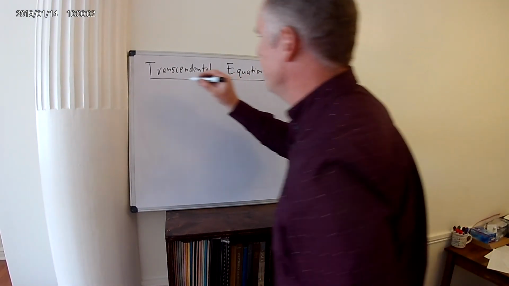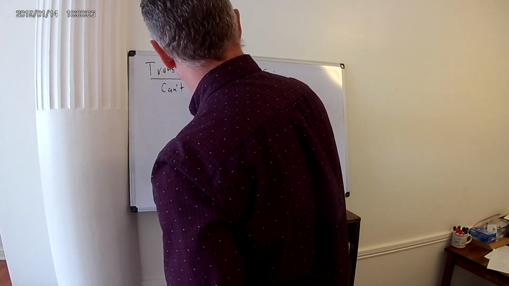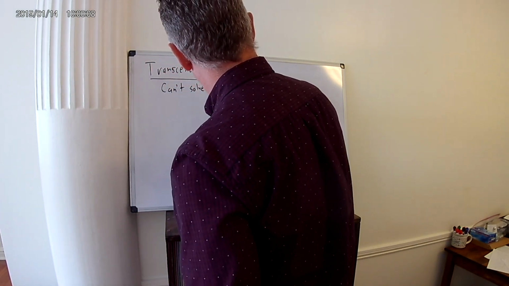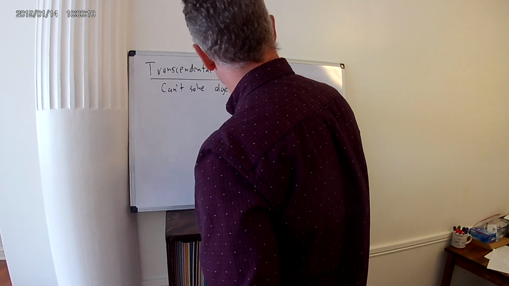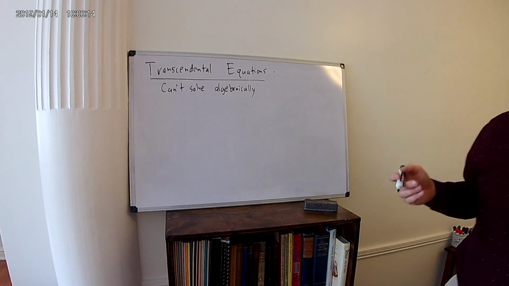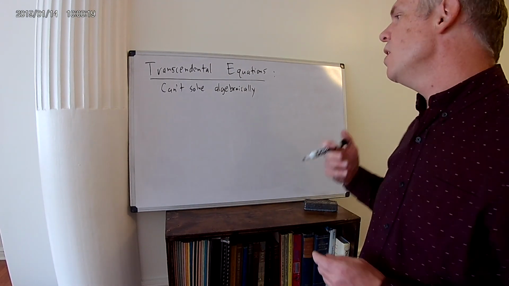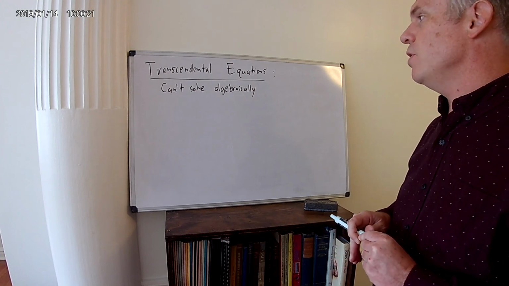So you can't solve them algebraically. You can't solve transcendental equations algebraically for x. There's just no way to do it. We have these tools of algebra, but sometimes we can't do algebra to solve these equations.